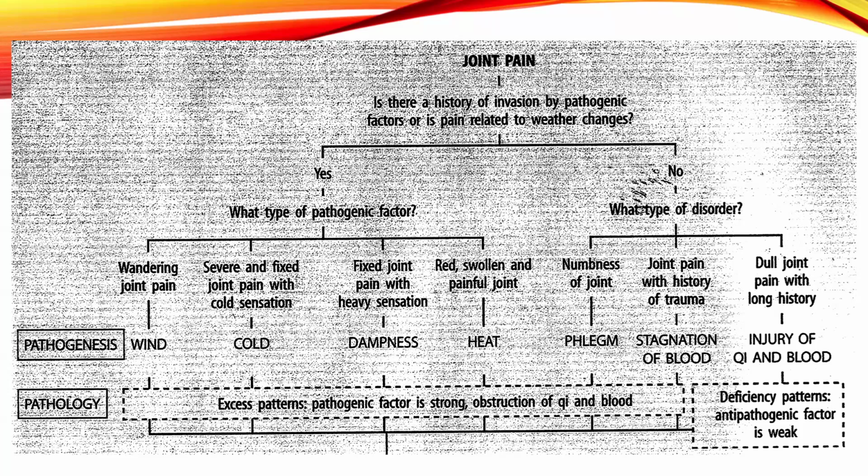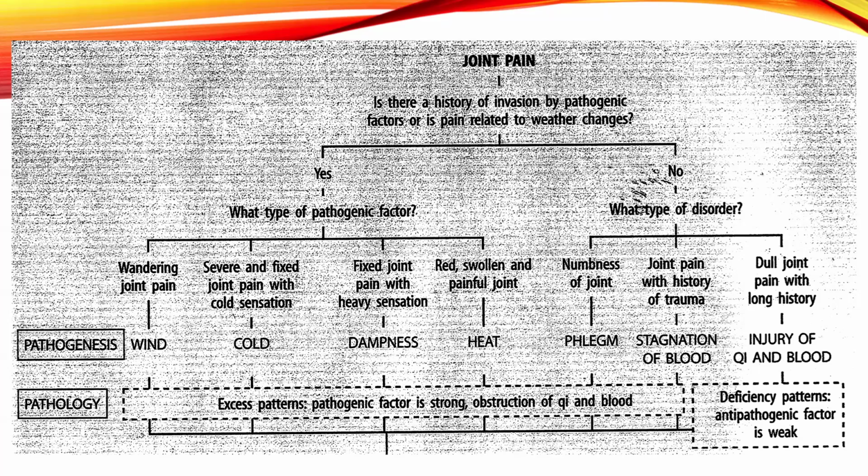If severe and fixed joint pain with cold sensation, pathogenesis is cold. If fixed joint pain with heavy sensation, pathogenesis is dampness. If red, swollen, and painful joint, pathogenesis is heat.